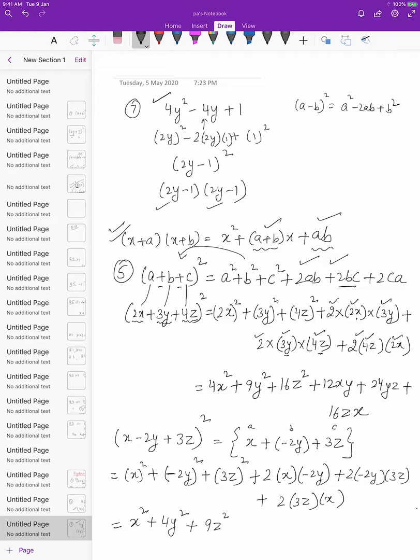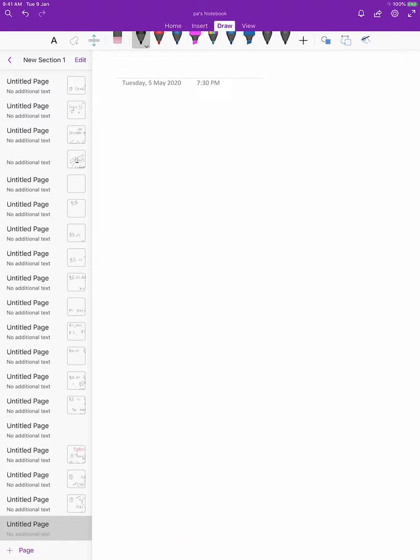It is minus sign here and no other minus sign is there, so definitely this answer will be in minus. 2 into 2, 4, and then x and y. Similarly here, 2 2s are 4, 4 3s are 12 with one minus sign. So minus 12yz plus 2 into 3 is 6zx. So this is the expanded form of the given expression.